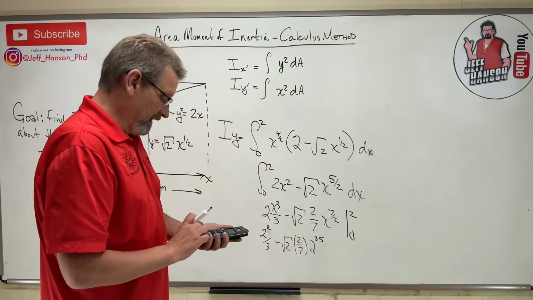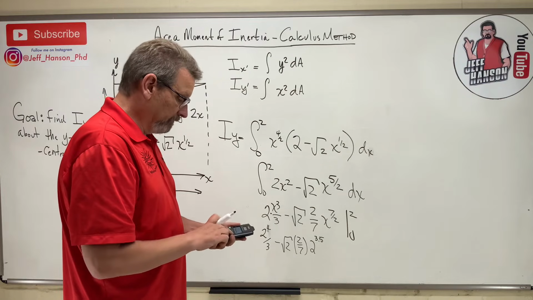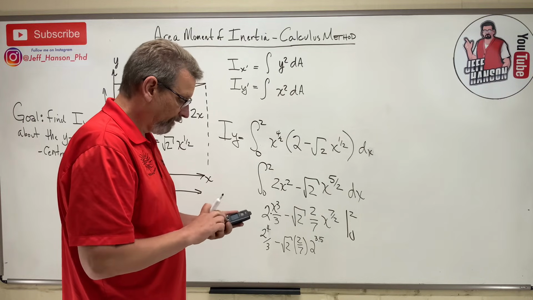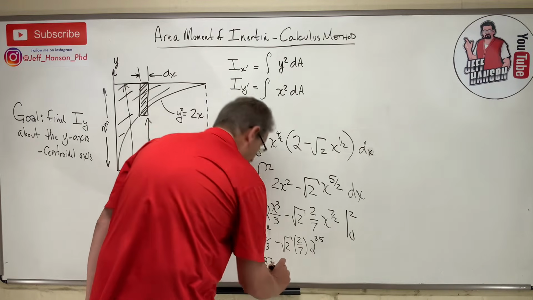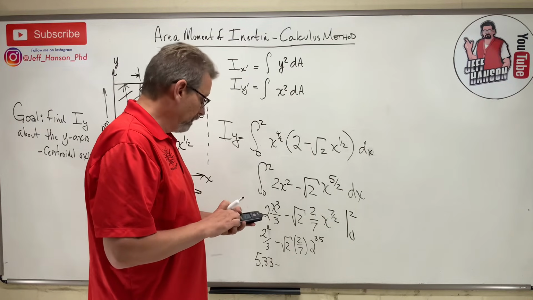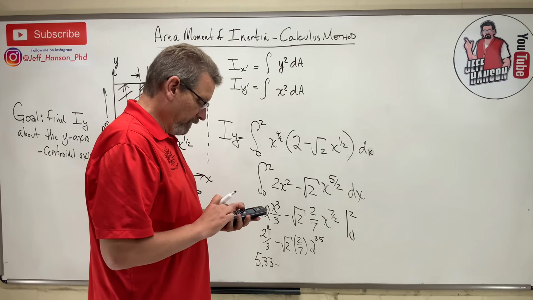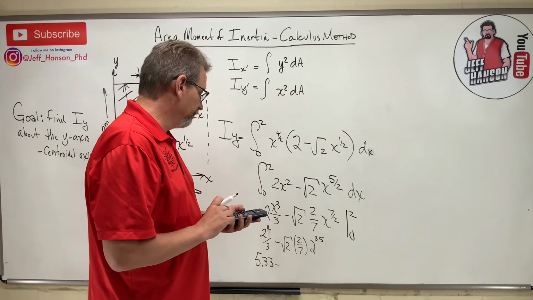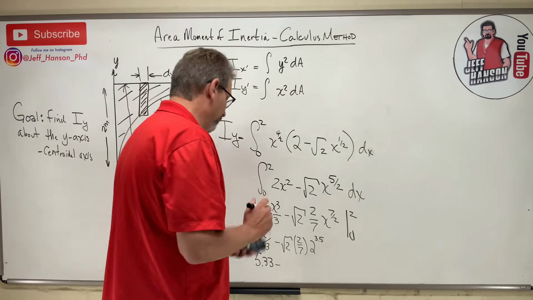So let's do this. Here we go: 2 to the 4th divided by 3 is 5.333. Minus, here we go, root 2 times 2 divided by 7 times 2 to the 3.5 equals 4.571.